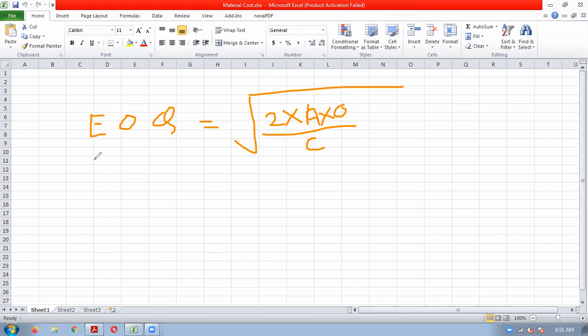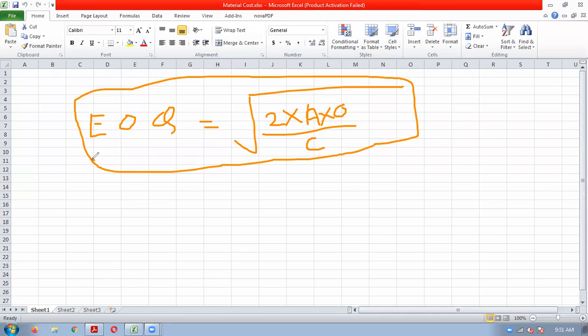So everybody make note of this formula. Economic order quantity formula is square root of 2 into A into O divided by C. That is, 2 into annual requirement, annual demand, into ordering cost O divided by C, whole square root.